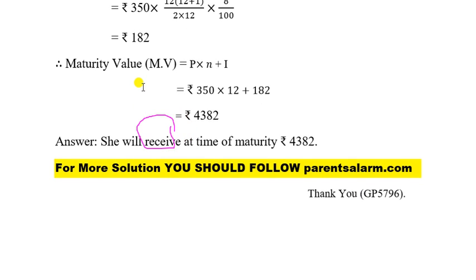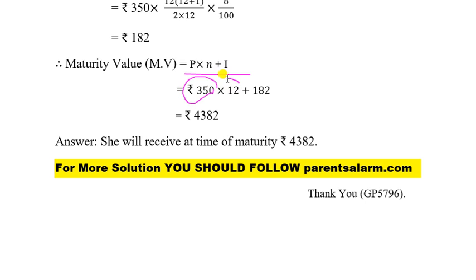Now we know the formula of maturity value is P into N plus I. We know P, that means the monthly installment, given in the question, that is 350. And N is equal to 12 months. We are not going to write 1 year here; we have to write months, 12 months.